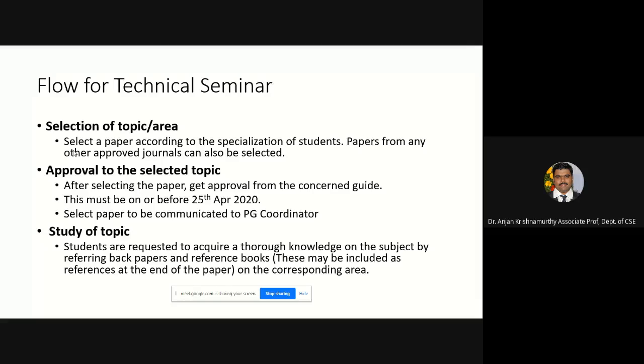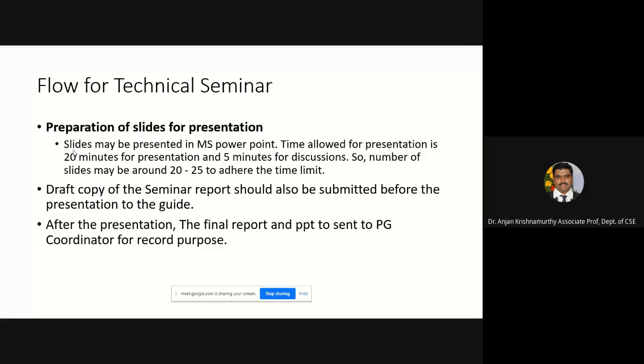Typically, there are references included at the end of the paper. You explore all of these references, try to understand or widen your horizon about the topic you are trying to study, right?